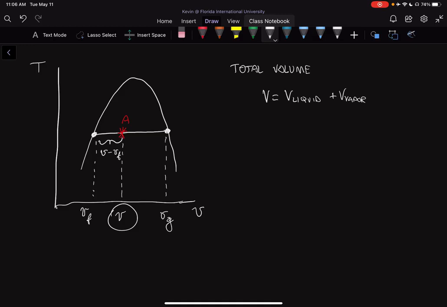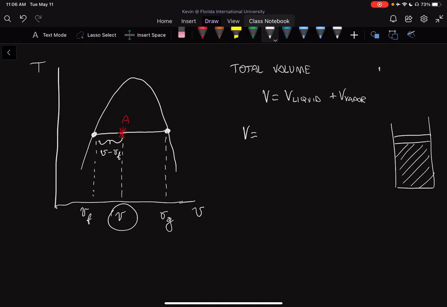The total amount of water we have in a piston cylinder assembly that is part water, part liquid is going to be the volume of the liquid plus the volume of the vapor. And we can rewrite this in terms of our specific volume. And specifically, we can look at the specific volume of fluid and the specific volume of gas.